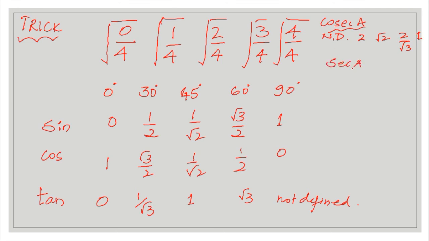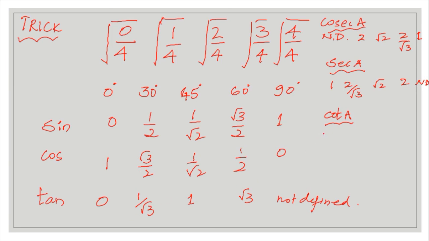To get secant, we take the reciprocal of cos. 1, 2 by root 3, root 2, 2 and not defined. If you observe, they are the same thing written in a reverse order. Now write cot of the angle, which is reciprocal of tan of the angles.